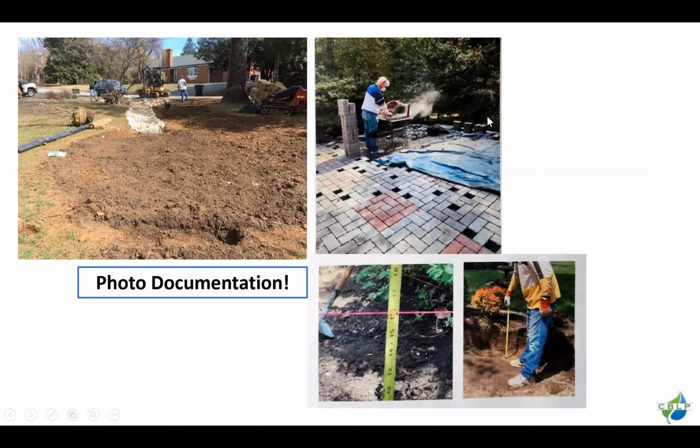This was actually a DIY permeable driveway in the James River Stormwater District area. And Stacy down there really did a good job communicating with this guy about photo documentation. So you can see an excavation at the right depth, and he photo documented the whole thing. I think he was real proud of what he was doing also, which helped, and he wanted to share it.